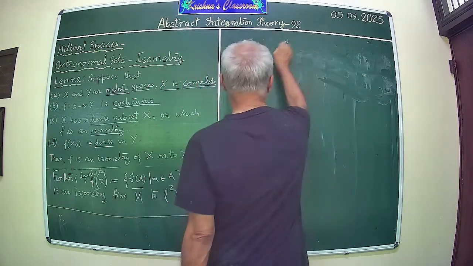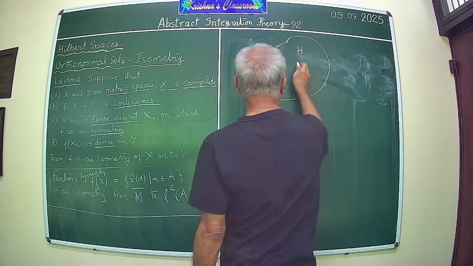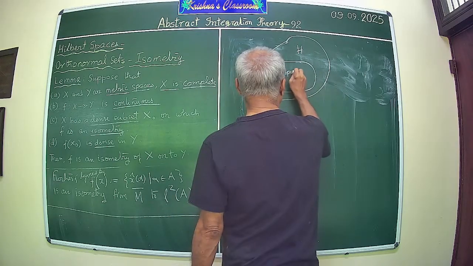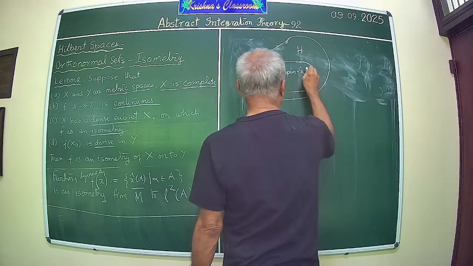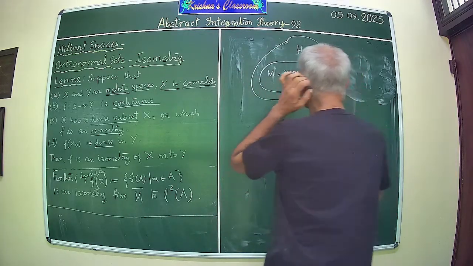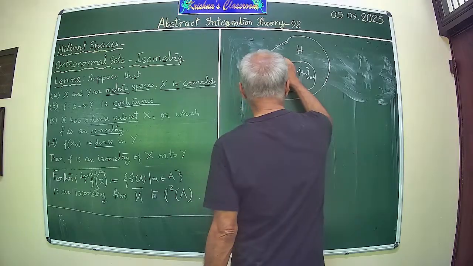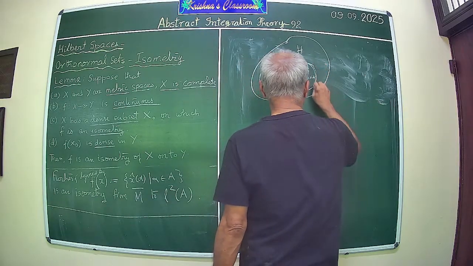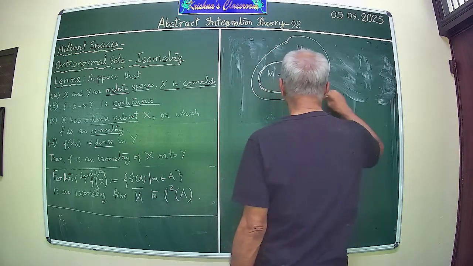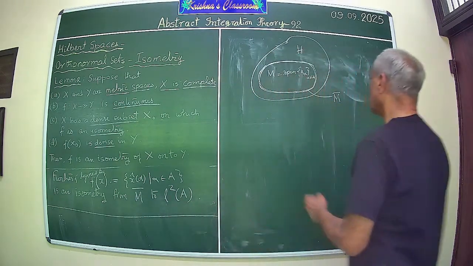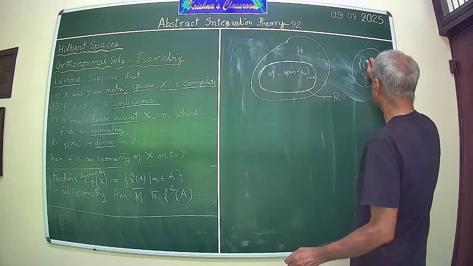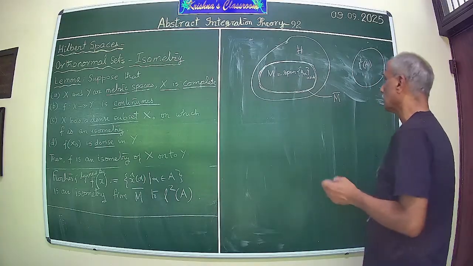You have this is X, this is M, and M closure is the closure, that means all limit points are also included.